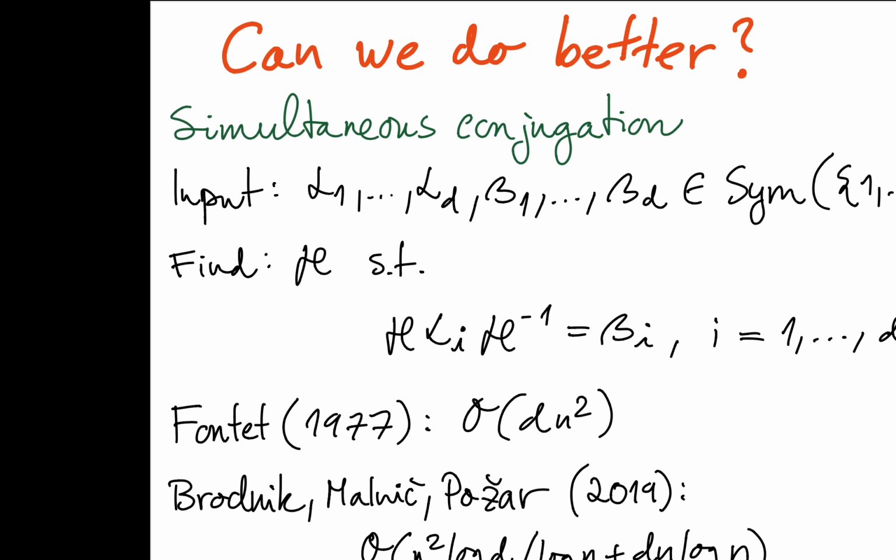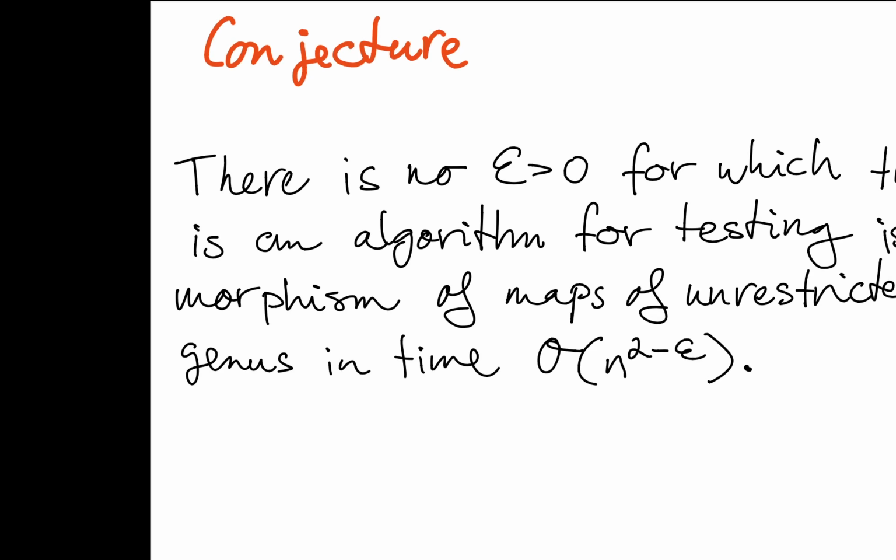But this maybe is not a significant improvement, and we believe that a truly subquadratic algorithm is not possible. So it's an interesting open problem to prove whether there exists some conditional lower bound in the spirit of fine-grained complexity. If there were a truly subquadratic algorithm for maps, some hypotheses must fail. So it would be interesting to prove something like this.